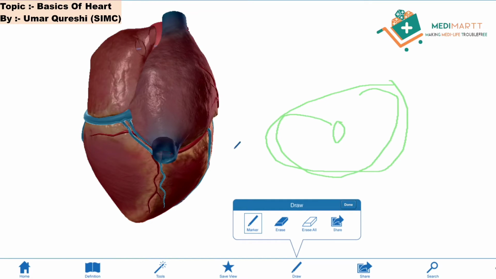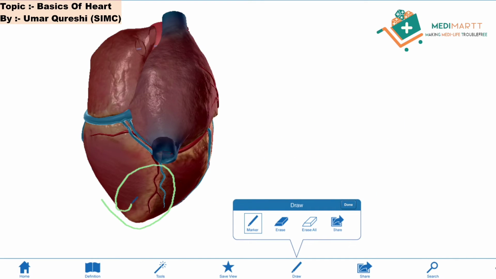So what is written here is the central tendon and the musculature of the left part of the diaphragm. This is the musculature. The musculature of the left part, because the heart is basically resting on the left part of the diaphragm, to which the fibrous pericardium is adherent.